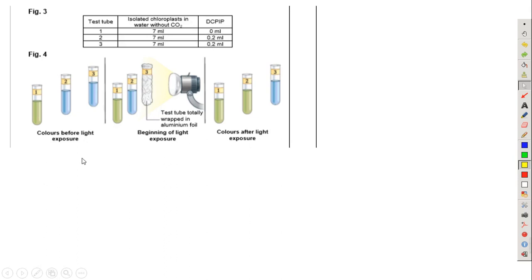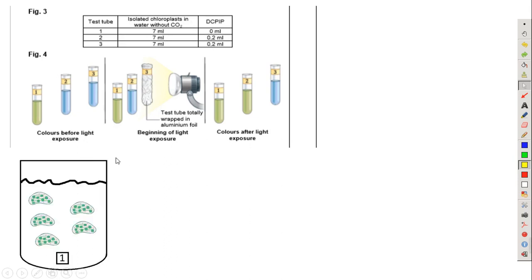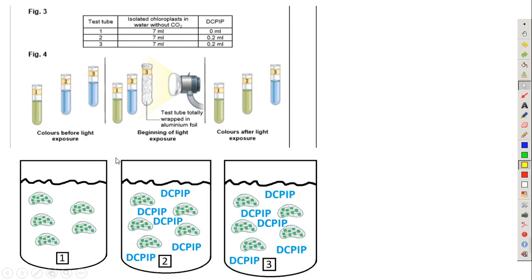So let's make the diagrams of these tubes. Tube 1, as we said, has chloroplasts and water, no DCPIP. As chloroplasts are green, the solution is going to look green. I'm just adding colours for illustration.